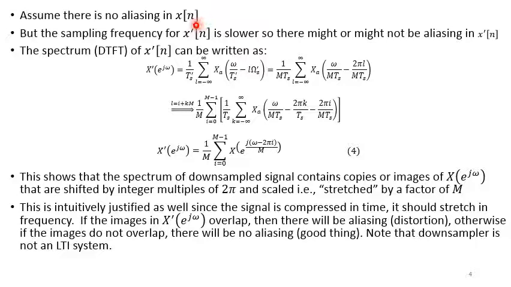Now if we downsample the signal, as you saw on the previous slide, by 2, that means you are halving the sampling frequency. So downsampling by a factor of M reduces the sampling frequency by a factor of M.